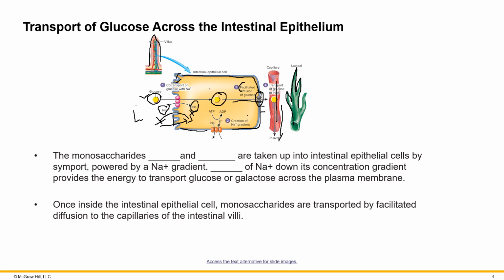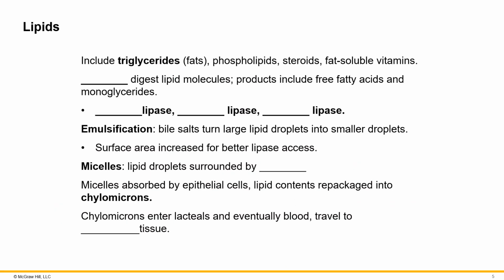So the answers to the blanks here: the monosaccharides glucose and galactose are taken up into the epithelial cells and symported using a sodium gradient. The diffusion of sodium down its concentration gradient is what is causing that drag or pull for glucose to enter the epithelial cell as well.